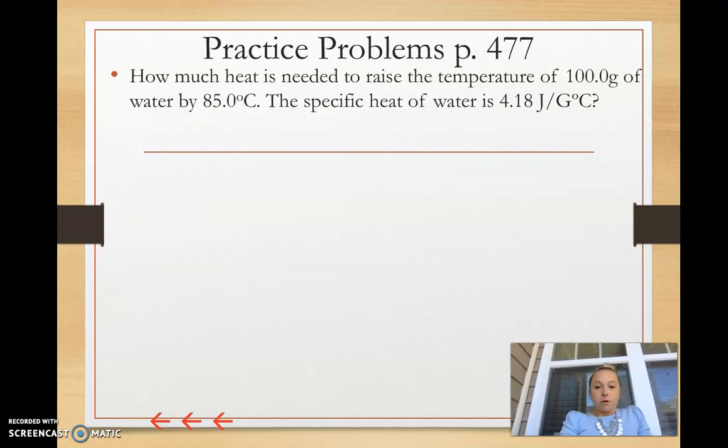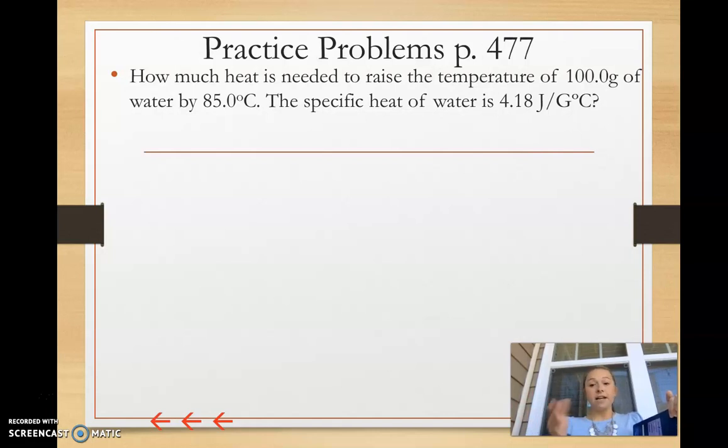The next practice problem is how much heat is needed to raise the temperature of 100 grams of water by 85 degrees Celsius. The specific heat of the water is 4.18. So it's asking us how much heat. So we're going to be looking for Q. We know that our mass is going to be 100 grams.